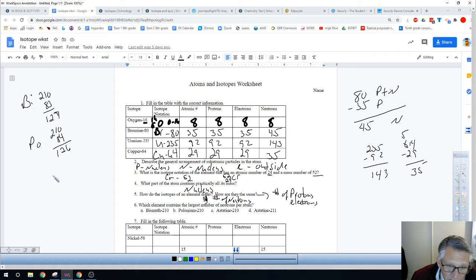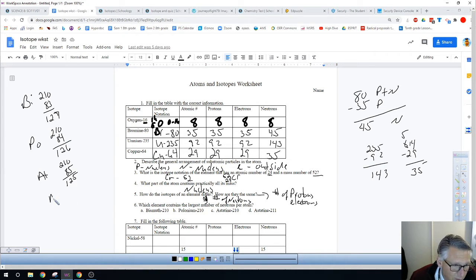126. Astatine is At, and if it has an atomic mass of 210 and an atomic number of 85, that will give us 125.